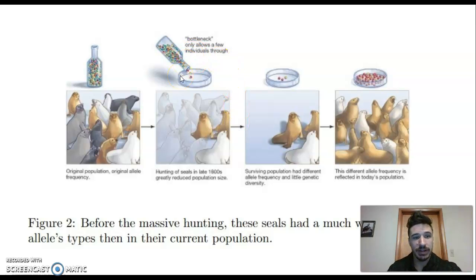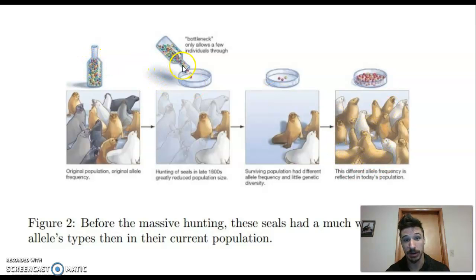Okay, so what we have here is an example of the bottleneck effect, and we use a literal bottle to display this. So we have the original population, the original allele frequency, then hunting of seals in the late 1800s greatly reduces population size, and then the surviving population had a different allele frequency and very little genetic diversity. And this different allele frequency is reflected in today's population.